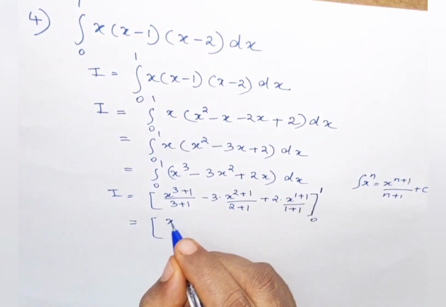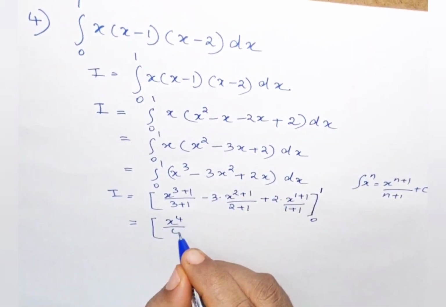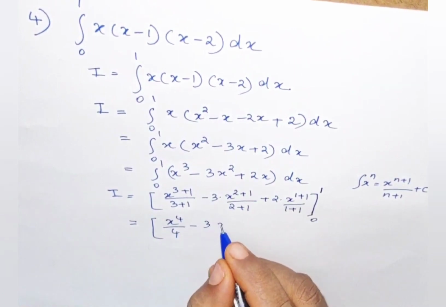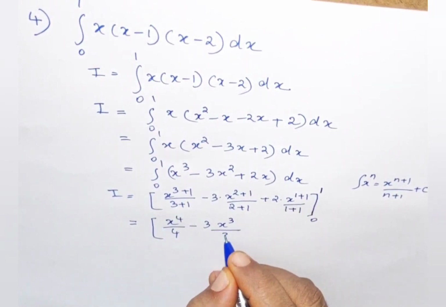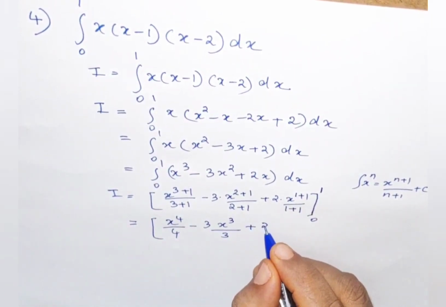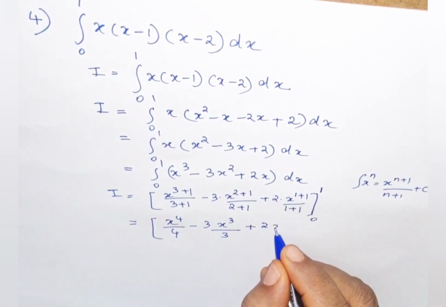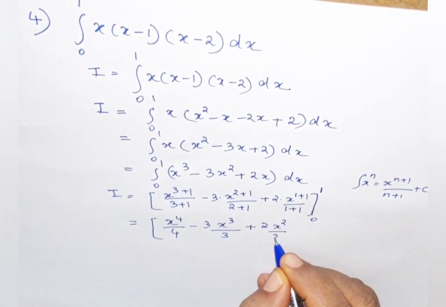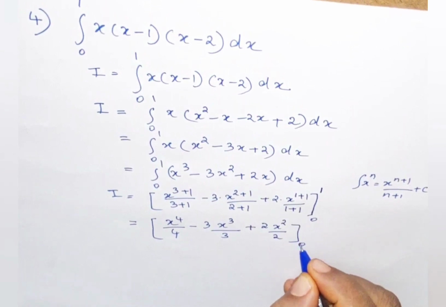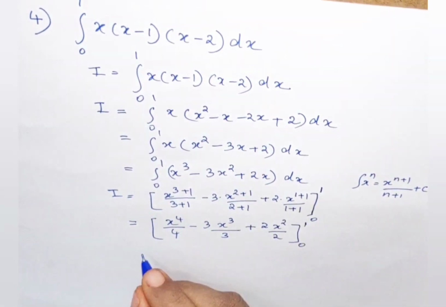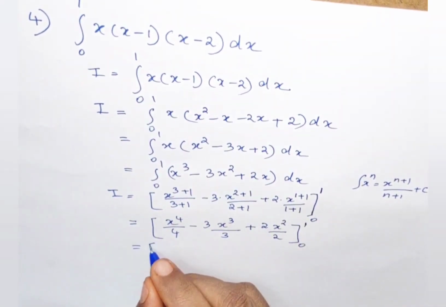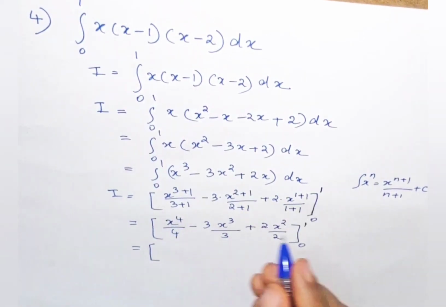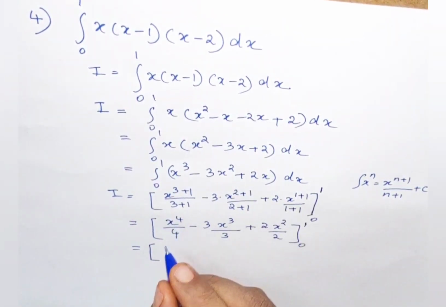Now x^(3+1) will be x^4 by 4, minus 3 into x^3 by 3 (2 plus 1 becomes 3), plus 2 into x^2 by 2. Now let us write the limits 0 and 1. Now we have to substitute in x place the upper limit minus the lower limit.